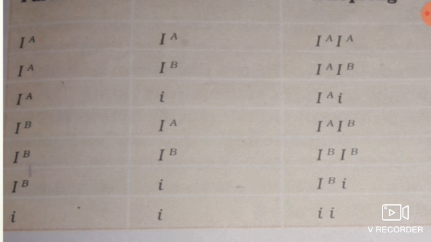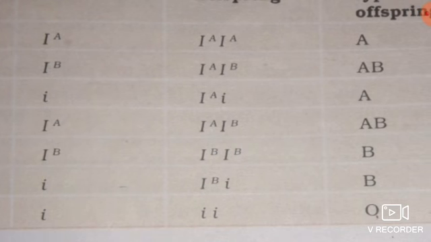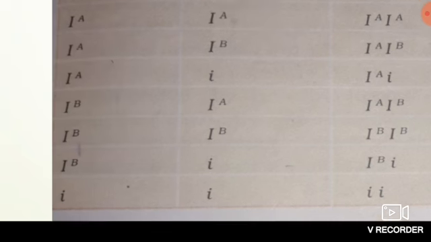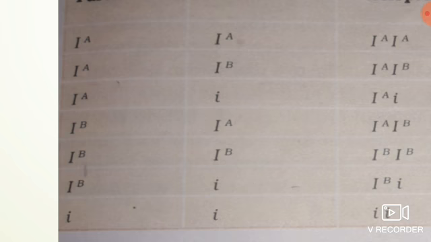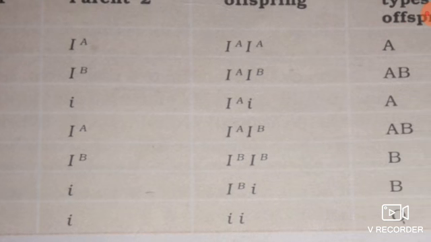Then in case of blood group B, the condition will be IB from parent 1 and IA from parent 2. Then the genotype will be IA IB and the blood group will be AB. This is again the case of codominance, as A and B both express themselves. Again IB and IB, the genotype will be IB IB.